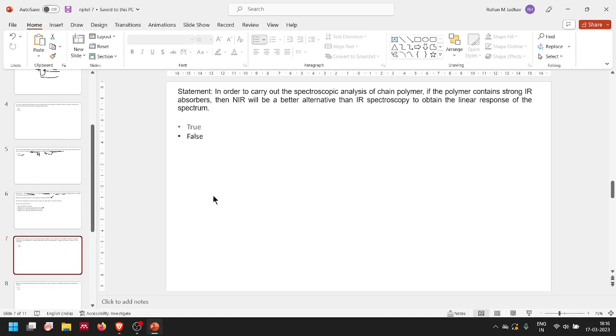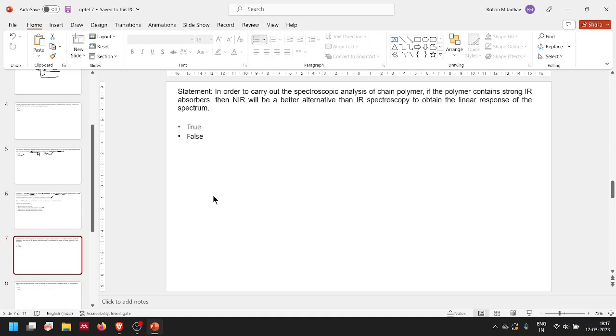NIR stands for near infrared spectroscopy. In case we are dealing with strong IR absorbers, such as water, it is helpful in keeping the response of the spectrum linear.